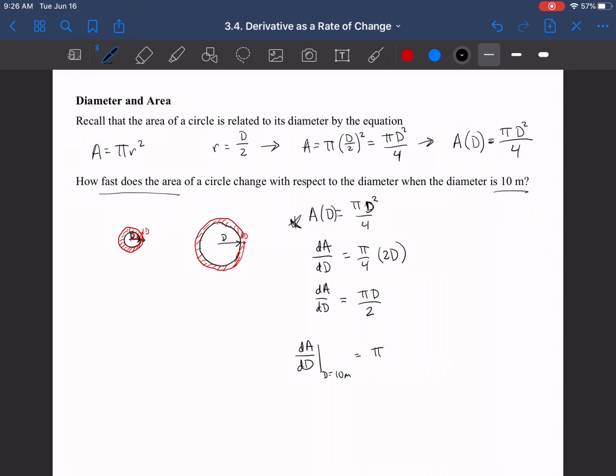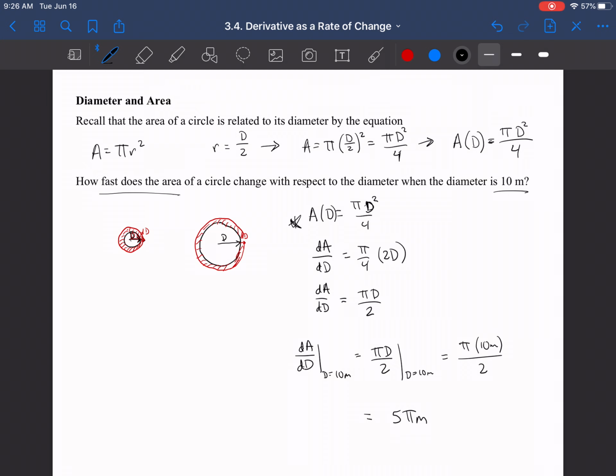So this is pi d over 2 evaluated at d equals 10 meters. We plug this in and we get pi times 10 meters over 2, and that's just going to be equal to 5 pi meters.